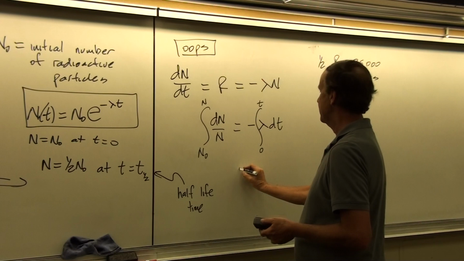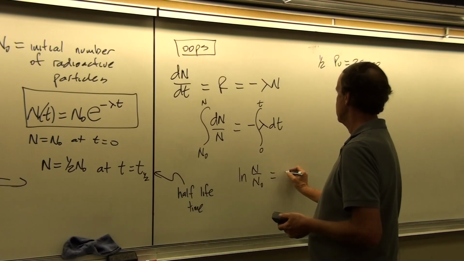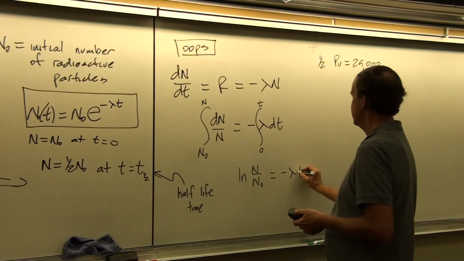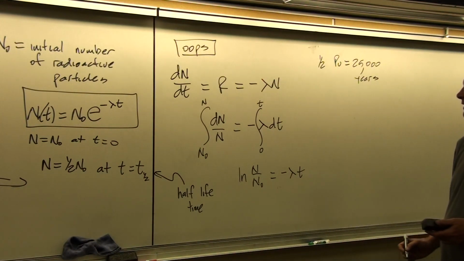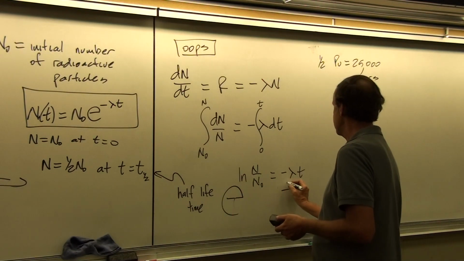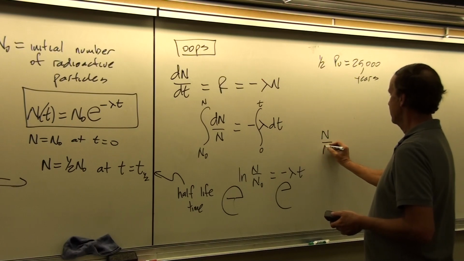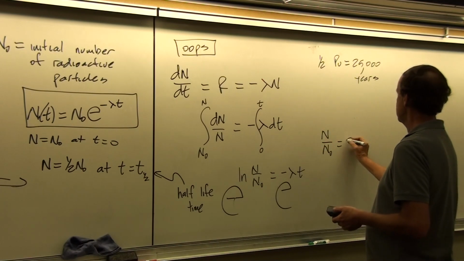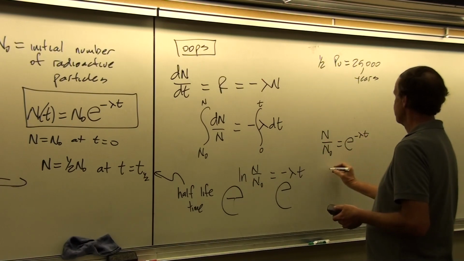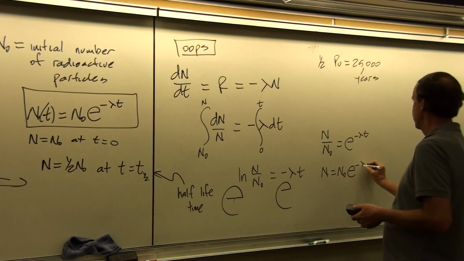And on the left-hand side, we get the natural log of N over N naught equals minus lambda t on the right. Then if we exponentiate both sides of the equation, we get N over N naught equals e to the minus lambda t, or N equals N naught e to the minus lambda t.